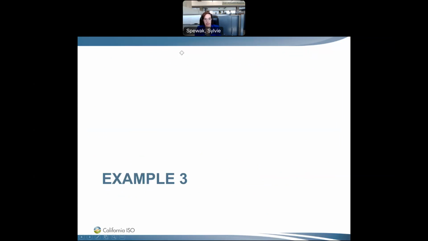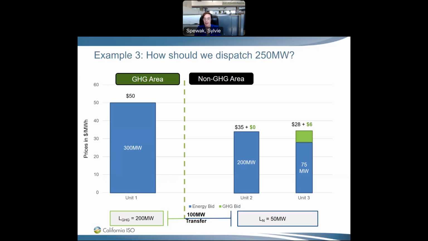All right, let's move on to example 3. Fair warning, things are about to get a little bit spicier. All of the bids in this example are the same.